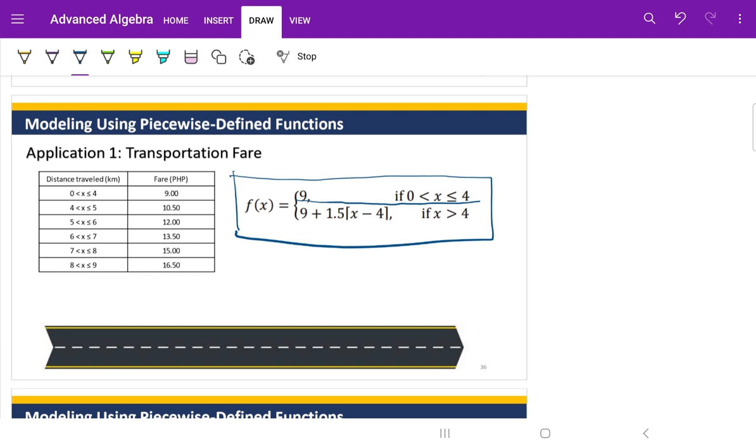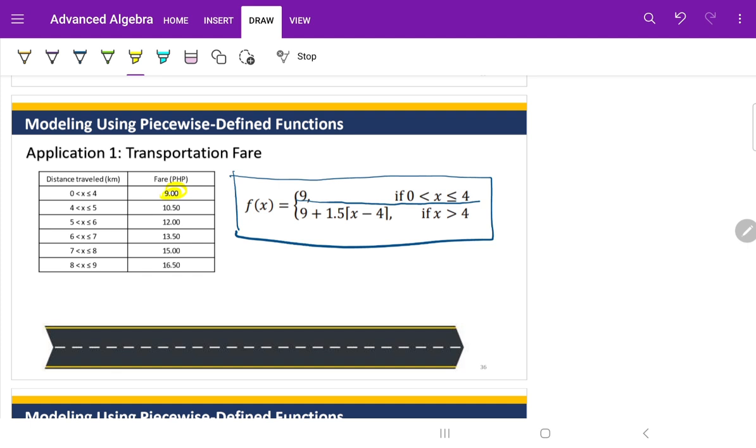Meaning, if your trip is less than 4 kilometers, no matter what that value is, then you will pay exactly 9 pesos.